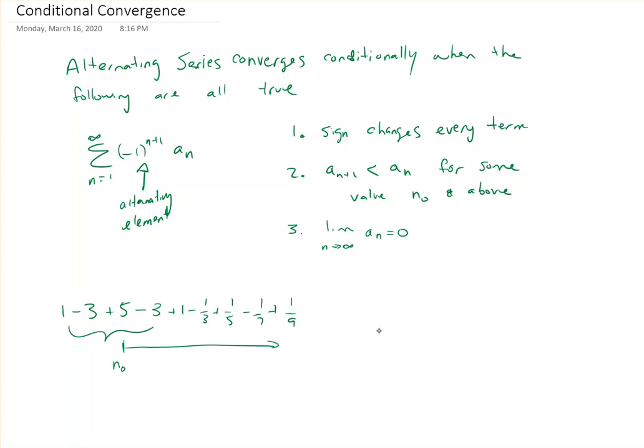A perfect example would be this, right? You may say, well, what about this? Well, that's alternating, right? But yeah, that's not getting smaller and smaller, so maybe I could do something like this: 13 over 12 minus 14 over 13 plus... I think that's getting smaller every term, right?